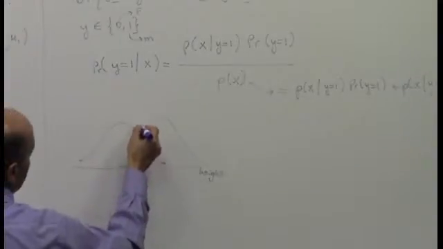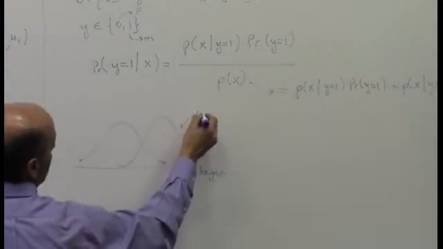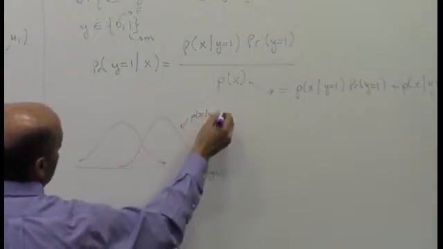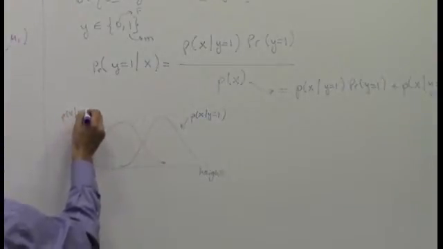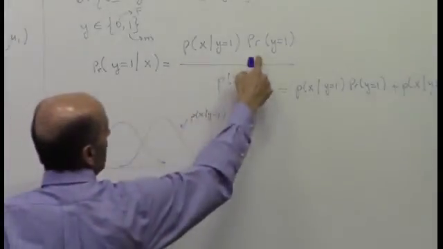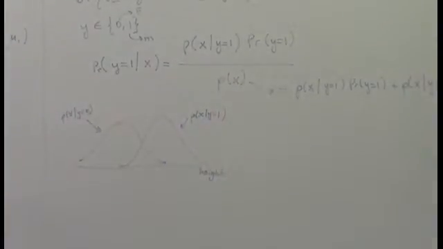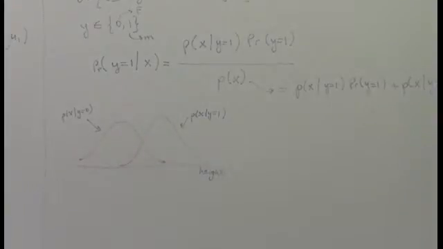Then these are my probability of x given that y is equal to 1, and probability of x given that y is equal to 0. So what am I doing? I'm multiplying this times the prior probability. Say that I have equal likelihood of having a male and a female, so this just gets multiplied by some number, 0.5 in this case.